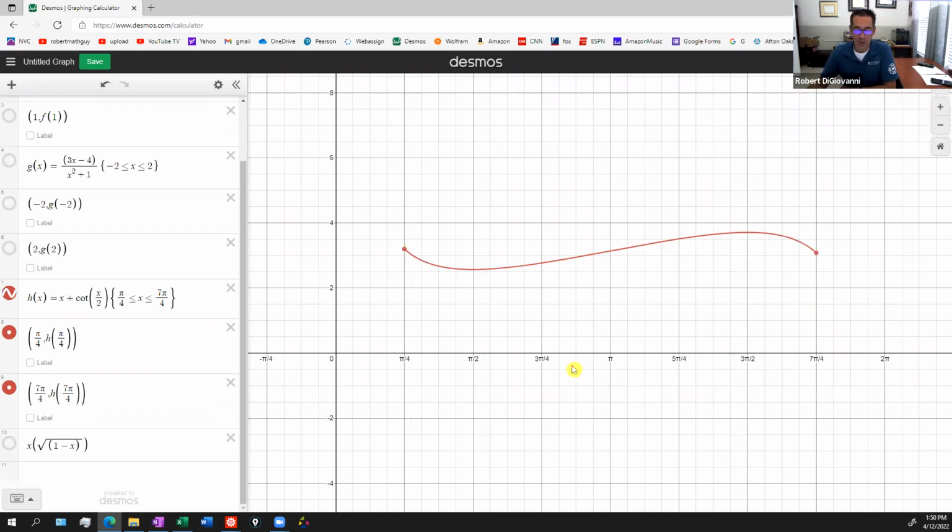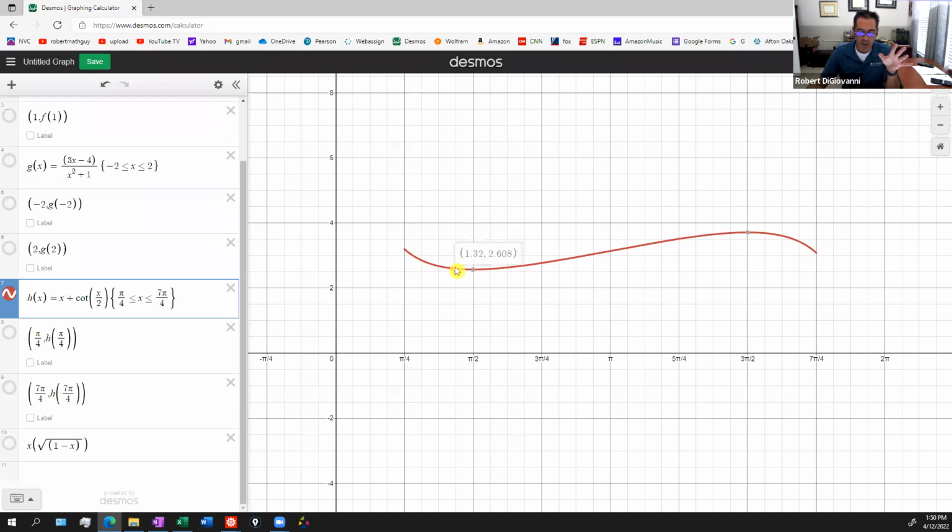Okay, there's the restriction. When you plug in pi over 4 into this graph, why is it not letting me? Okay, when you plug in pi over 4, you should get about 3.198.